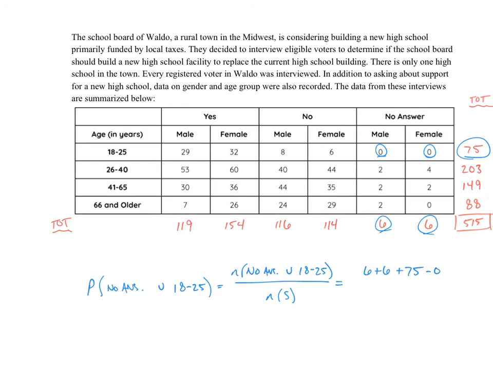So I would not be risking a miscalculation if I forgot to include the intersection. But we do need to make sure we remember to do that because in most cases there will be people in the intersection. So divided by 515. So we end up with 87 over 515, and this can't be reduced, so that's going to be our final answer.